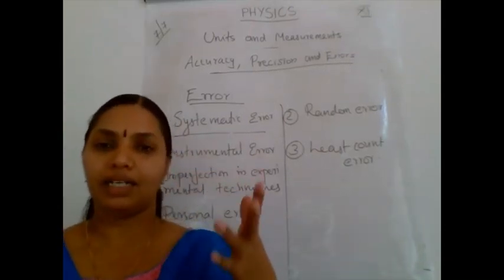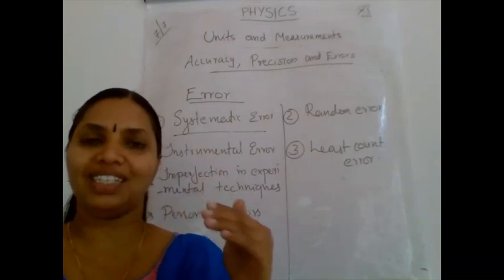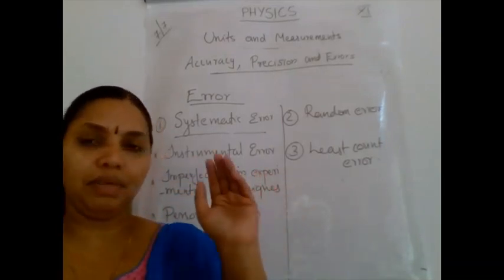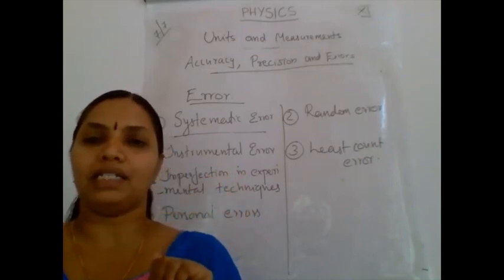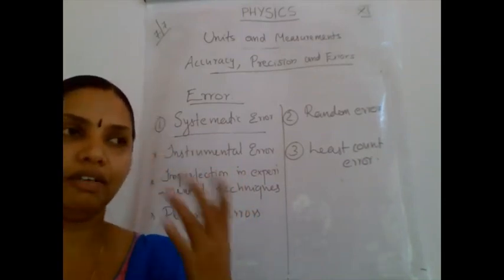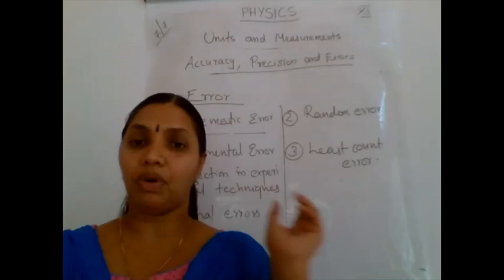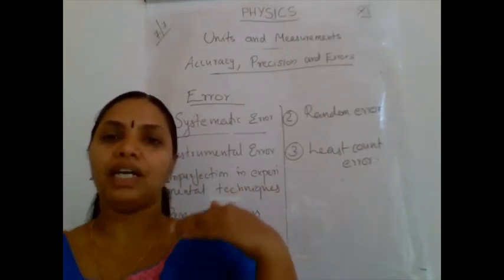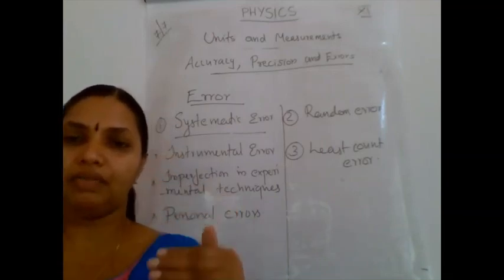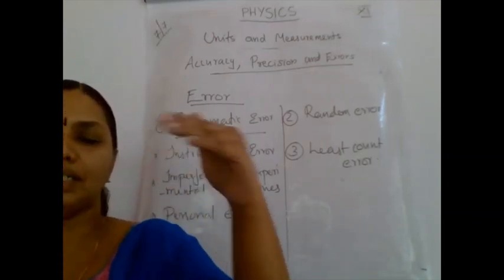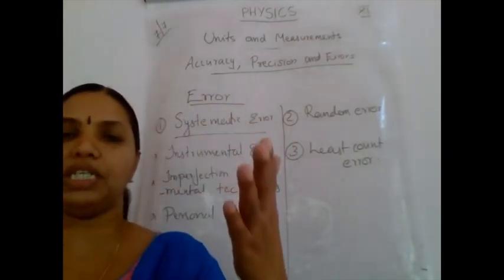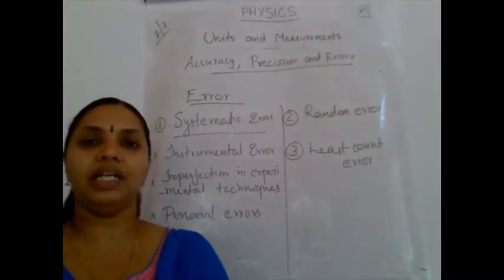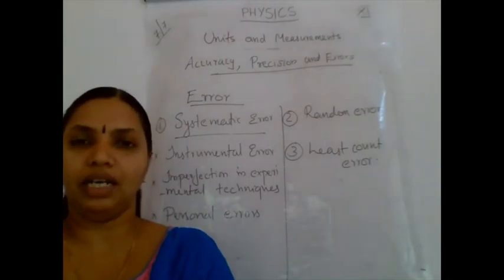Here we have seen it may be plus or minus. In one reading we got plus 0.1, and every time it is in one direction, the positive direction, or the negative direction. So when the error occurs systematically, that is the systematic error.